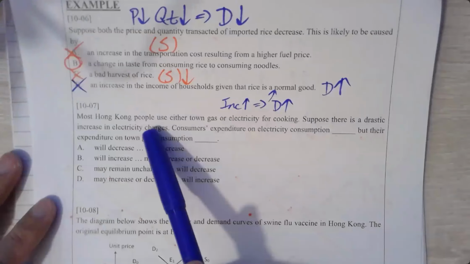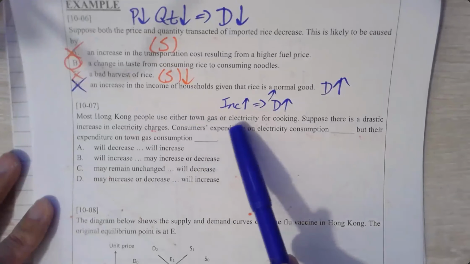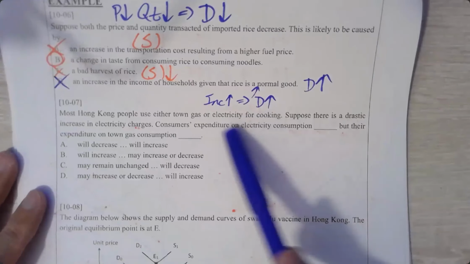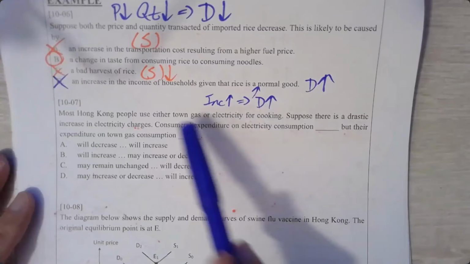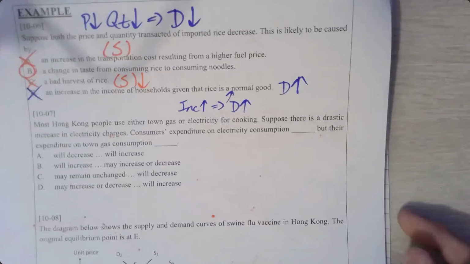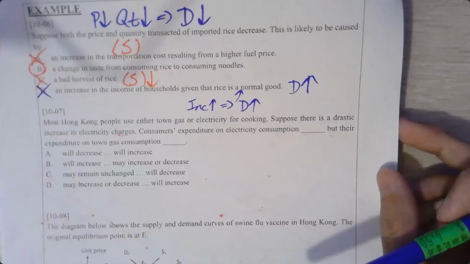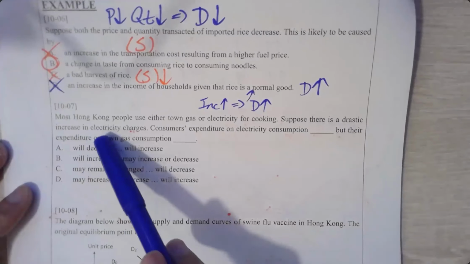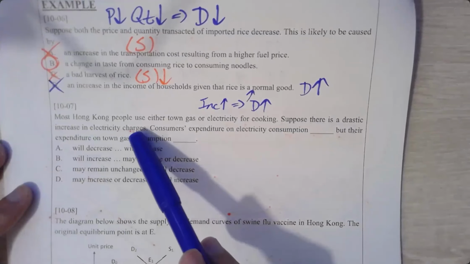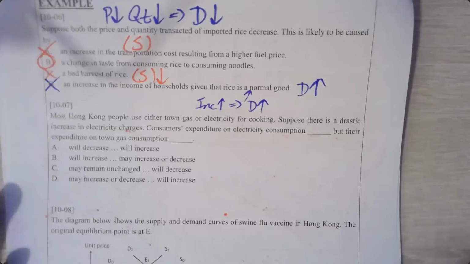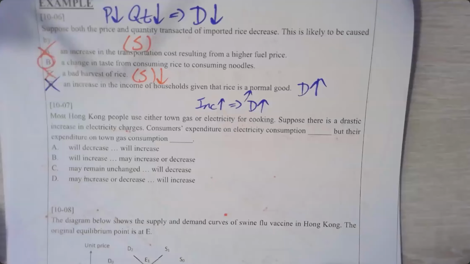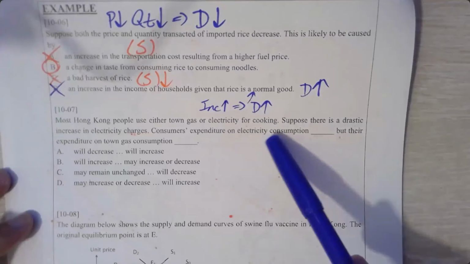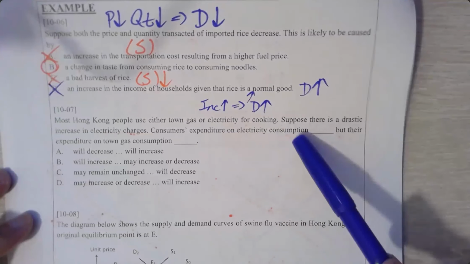Now, what about the next one? Most Hong Kong people use either town gas or electricity for cooking. Now for your information, in my new home, I use electricity. I do not use town gas. In my new home I have an induction cooker. Now, suppose there is a drastic increase in electricity charges. Now, consumer expenditure on electricity consumption.